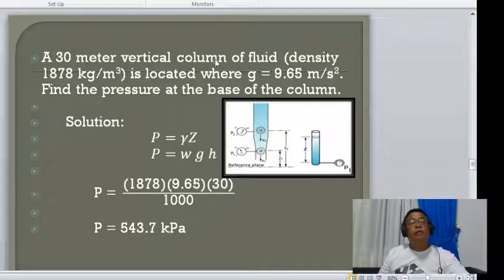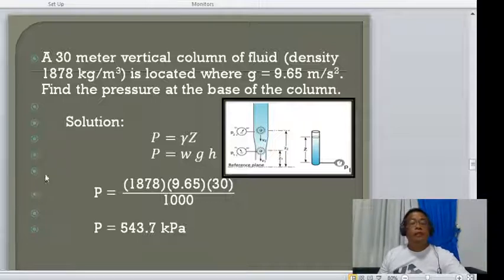Find the pressure at the base of the column. This is a hydrostatic pressure again, where the pressure is defined in terms of the unit weight and the change in elevation, which is 30 meters.